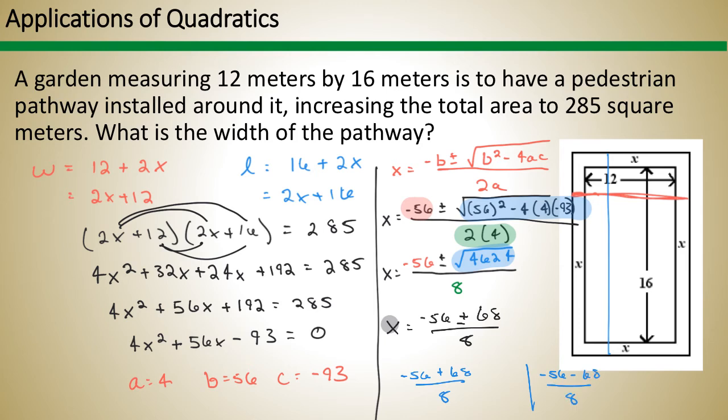Okay, so negative 56 plus 68, that is going to be 12 over 8, which simplifies down to 1.5. Okay, the other one, negative 56 minus 68, divide that by 8, and that's negative 15.5.